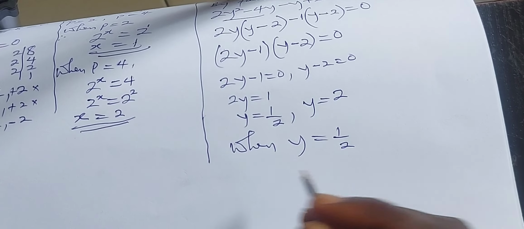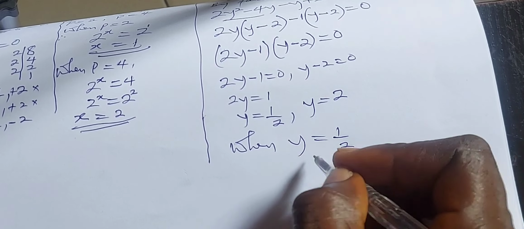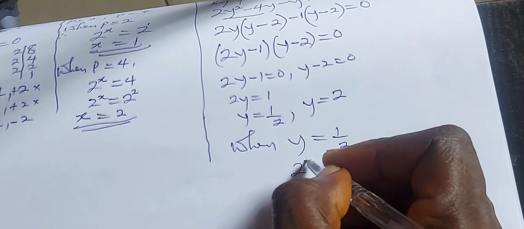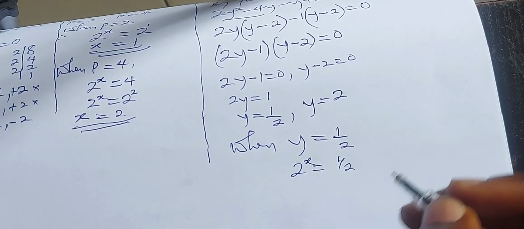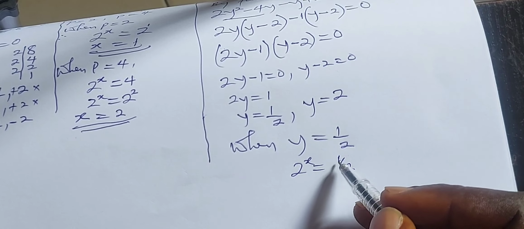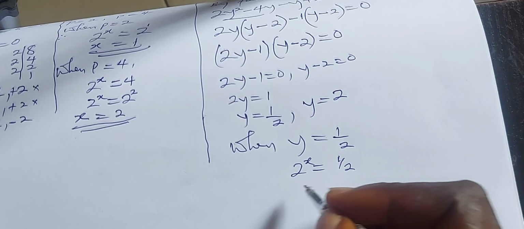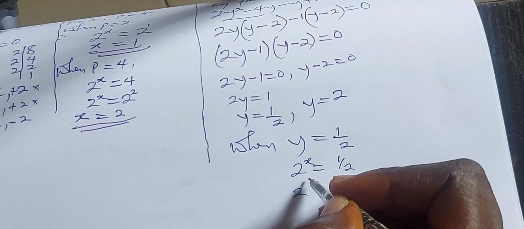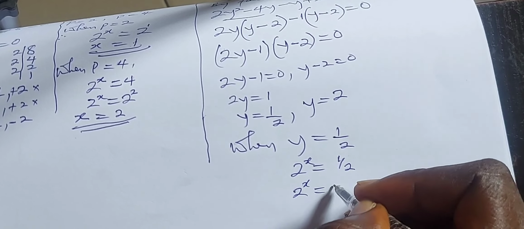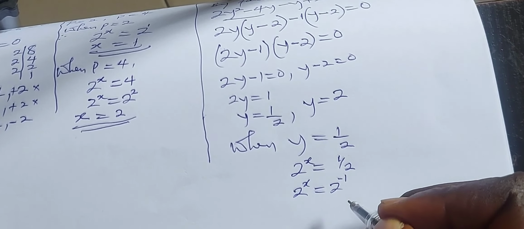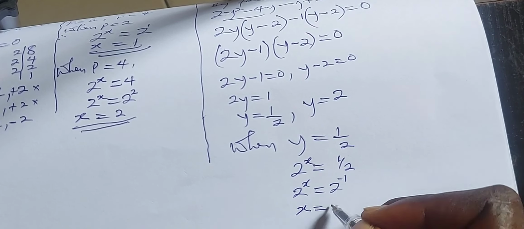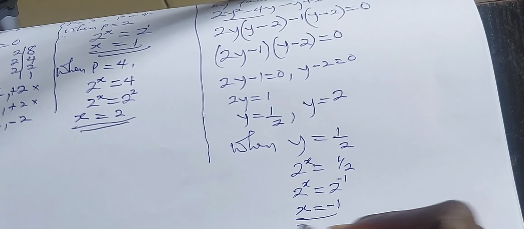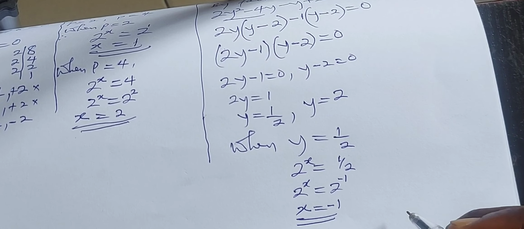And therefore we bring it here: 2 raised to the power of x equals 1 over 2. Remember, there is a law of indices that this one can be changed to another. We have 2 raised to the power of x is equal to 2 raised to the power of minus 1. Base equals base, equate powers. And so the value of x is minus 1.